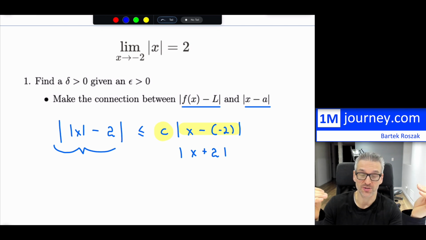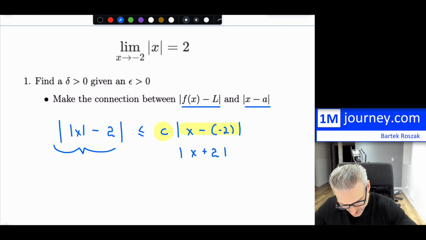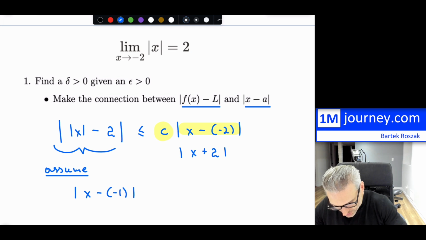We don't necessarily need to go on the positive side. So let's assume, bounding around x minus the -2, that this is going to be within 1.